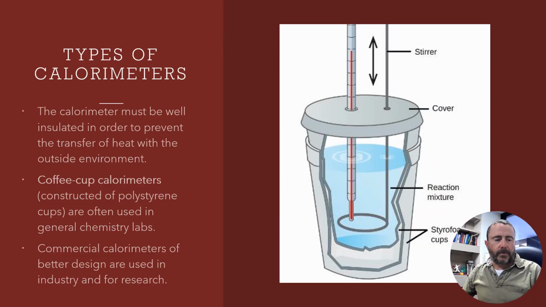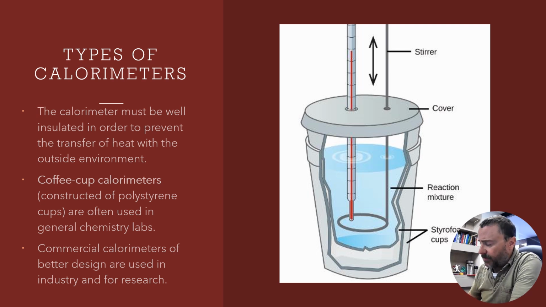There are two types of calorimeters, and the one that we're going to be dealing with is what we call a coffee cup calorimeter. It is a really fancy piece of equipment in which we have two coffee cups or two styrofoam cups nestled inside of each other, as seen in our little picture here. Then we can let the reaction take place inside of there.